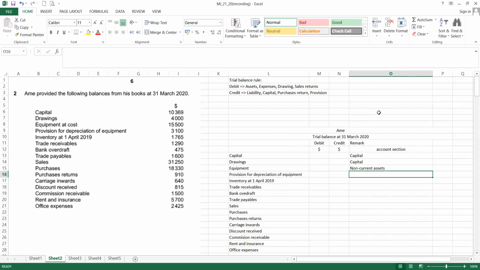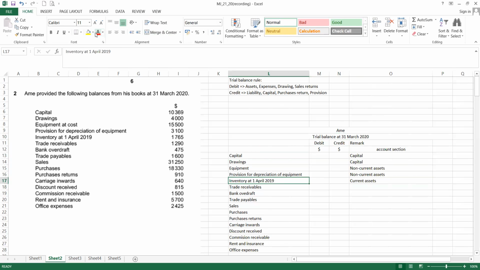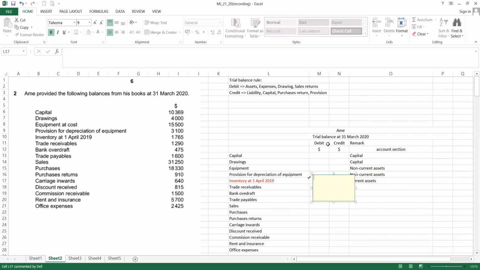And then provision is also non-current asset. Inventory, current asset. And in the trial balance, take note that inventory must be the opening inventory only.